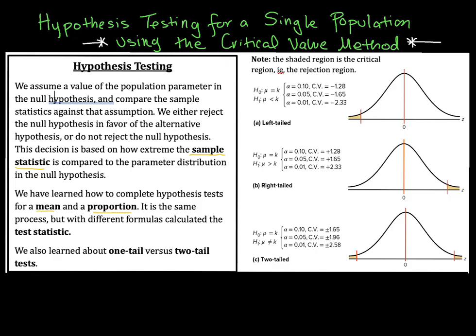So just starting here at the bottom with a two-tailed test. A two-tailed test is when, see how I'm of the school of thought that we always do that the null hypothesis is that the mean, or it could be the proportion (this diagram is using the mean as an example), is equal to some value, and the alternative hypothesis can either be that the mean is actually not equal to that value, or that the mean is greater than that value, or that the mean is less than that value.